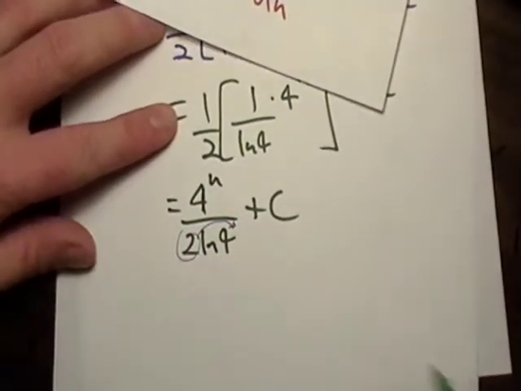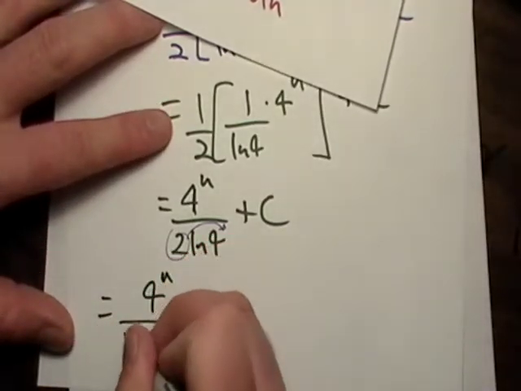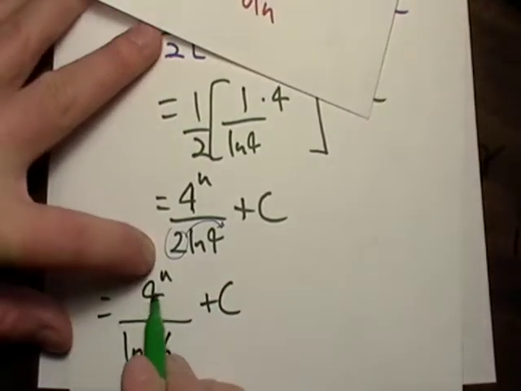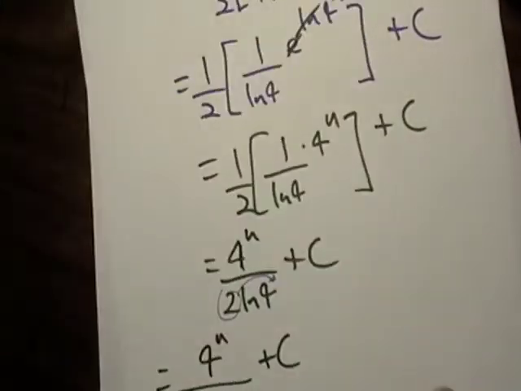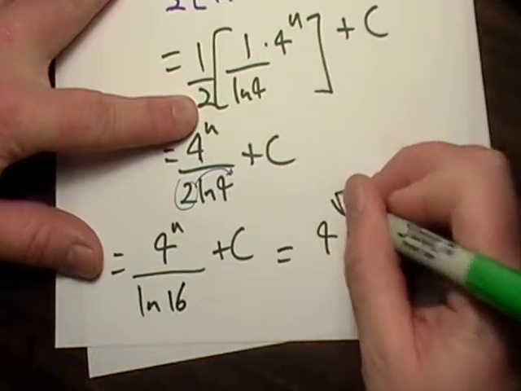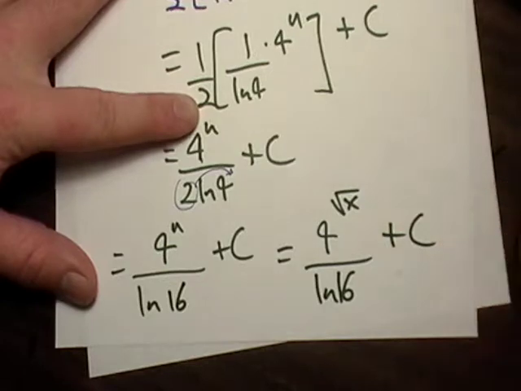That would give me 4 to the u over natural log of 4 squared, which is 16, plus c. And remember, originally my u substitution said u was equal to the square root of x. So we get 4 raised to the square root of x over natural log of 16 plus c.